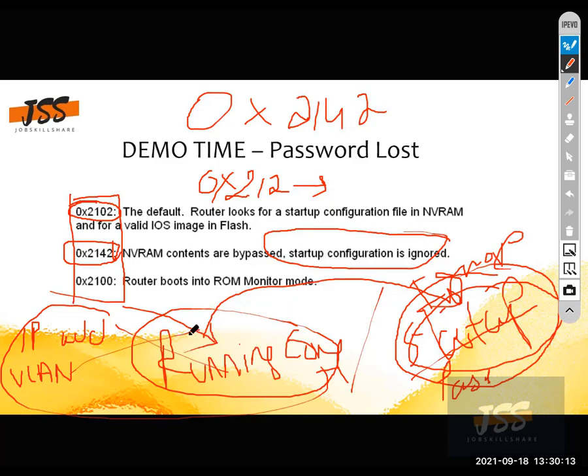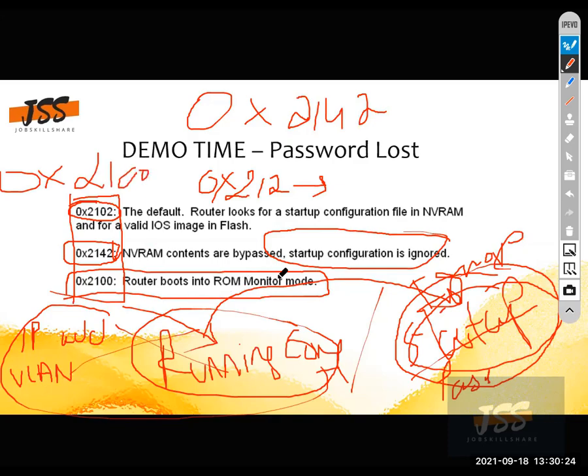Okay. But how can we reach this thing in the first place? This is the thing. 0x2100 will take us into the ROM monitor mode. Have you ever come across issues when something went wrong with your Windows 7 or Windows 8 or Windows 10, and you go into another mode, which is what?